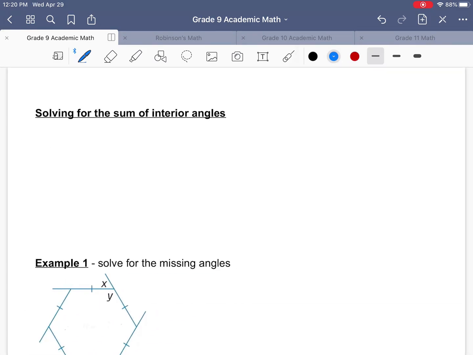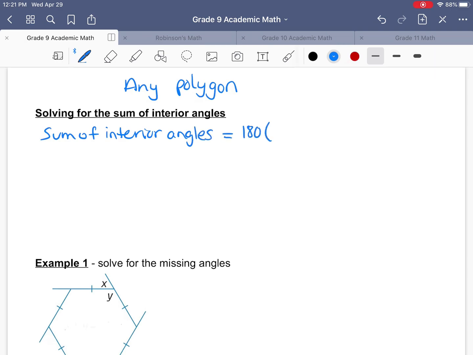So solving for the sum of interior angles. This is when we are looking for the interior angles of any polygon. So the sum of the interior angles is equal to 180 times n minus 2, and n is the number of sides in the polygon.